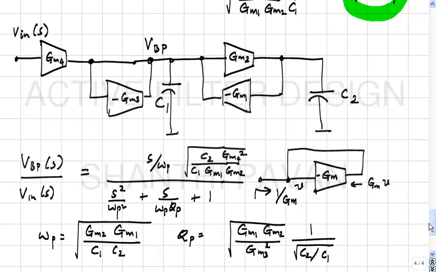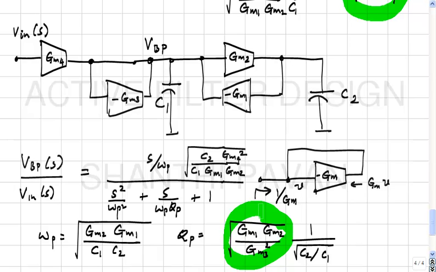If all these control sources are made in the same way, then ratios of these control sources will become very accurate. So QP, as you can see now, is only a function of ratios of like elements. They are all control sources. So if one control source varies with temperature, all of them will vary the same way. So the ratio remains unchanged.